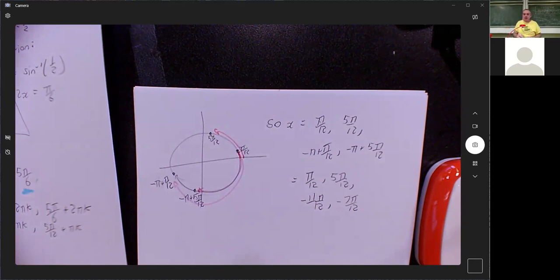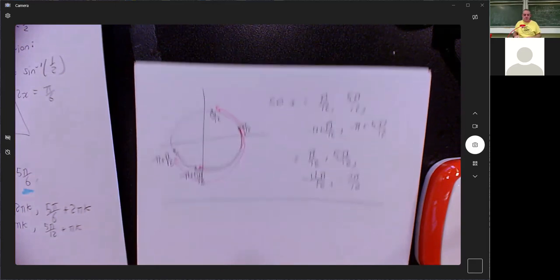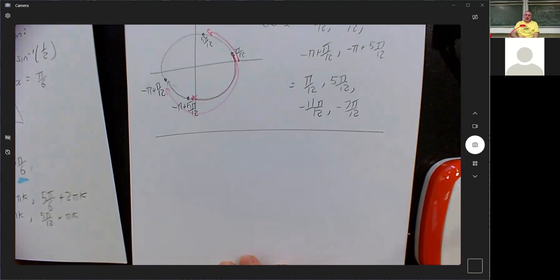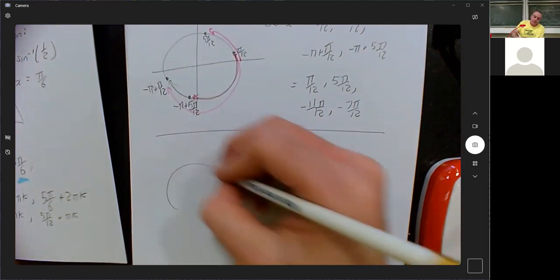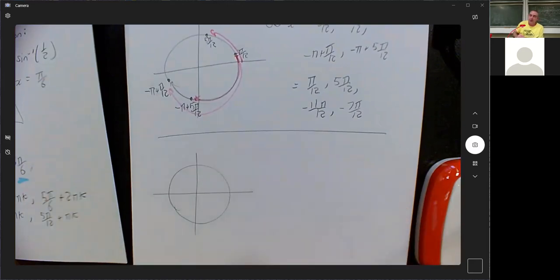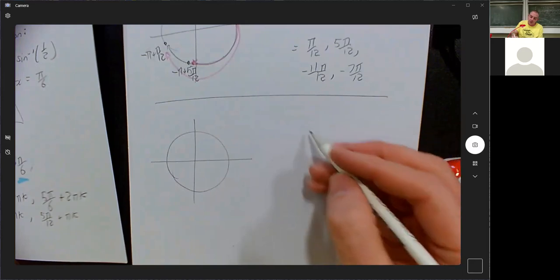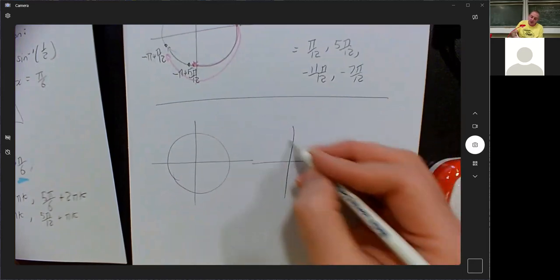I will say a couple of things. As you move around the unit circle, this may be something that you all know, but I'm just going to do it anyway.